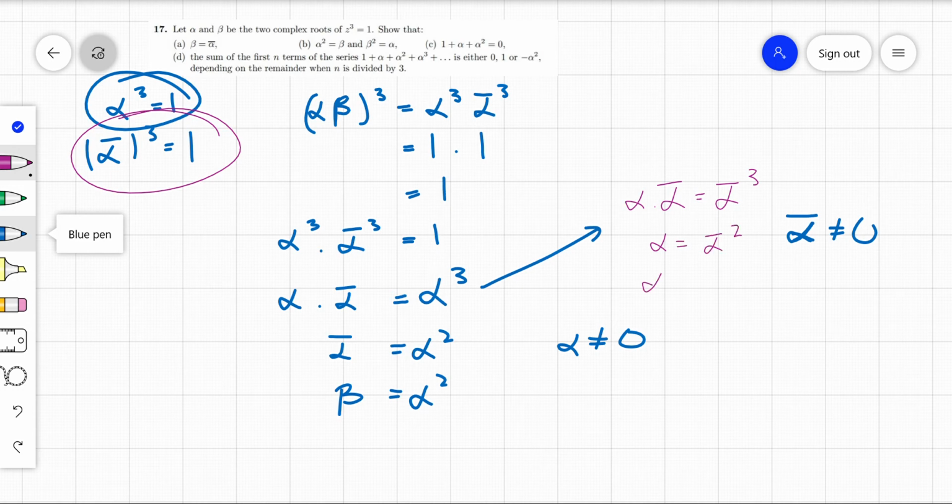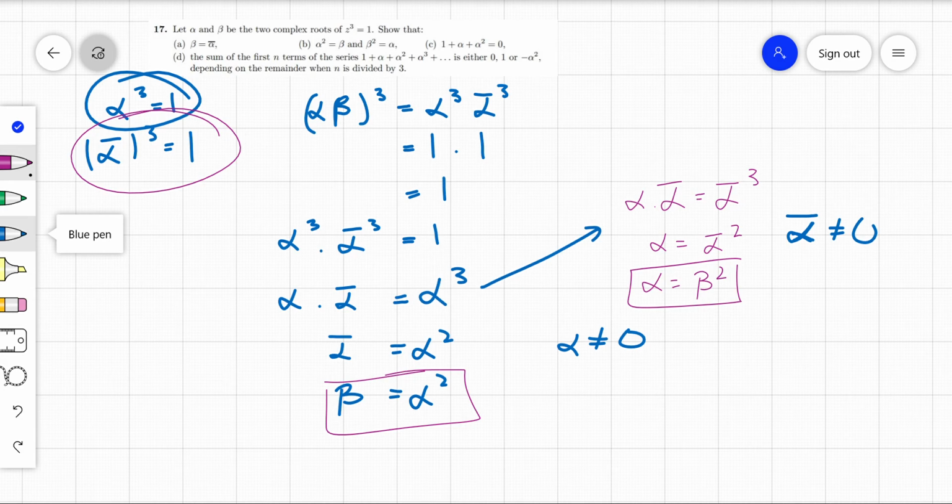So that is the same as alpha equaling beta squared. So I've got alpha equals beta squared, and I've got alpha squared equals beta, both of those. So that's part B. All right, part C we've already looked at.